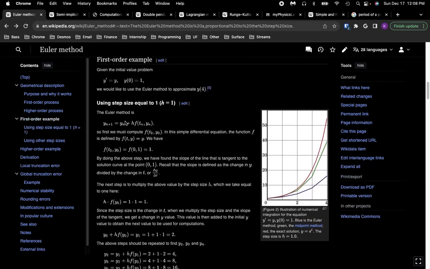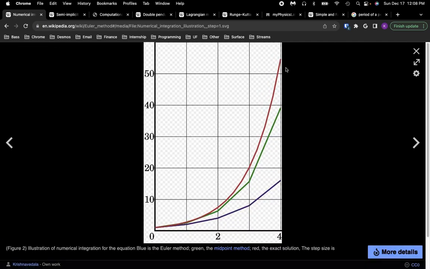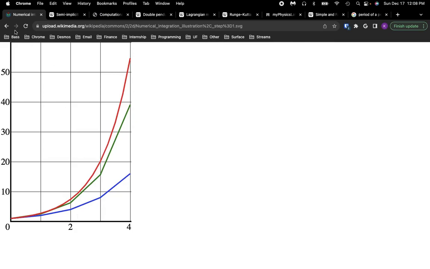So you basically have your original value, yn, and then you take a small step h and multiply that by your derivative, f. f is the function that's giving you your slope, and that gives you your new value of y. You can see here, the red curve is the original function, and this blue curve, Wikipedia calls it blue. I don't think it looks blue. Oh, I think the colors are off because I'm in dark mode or something.